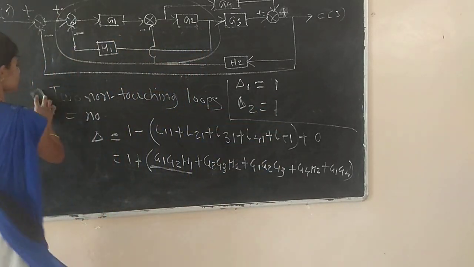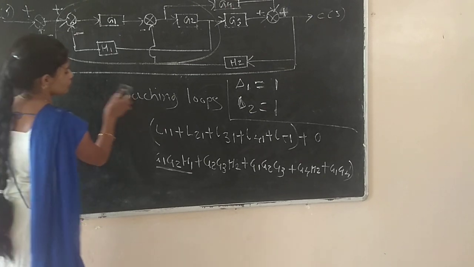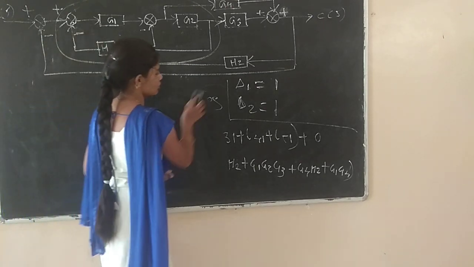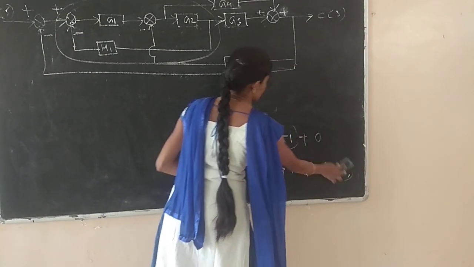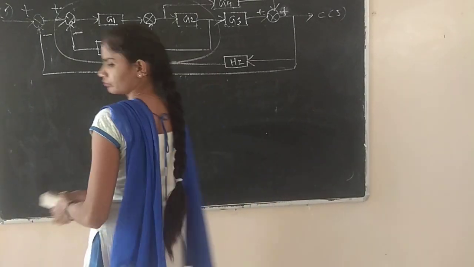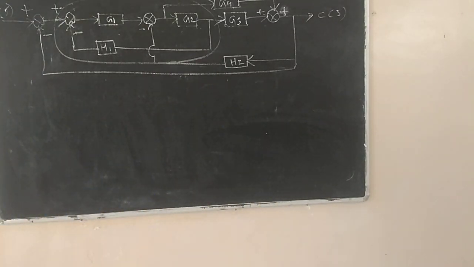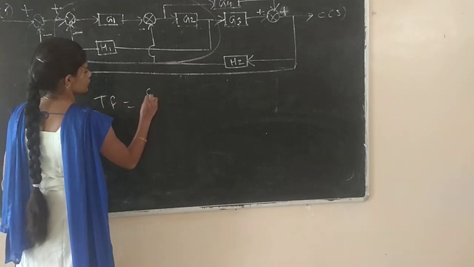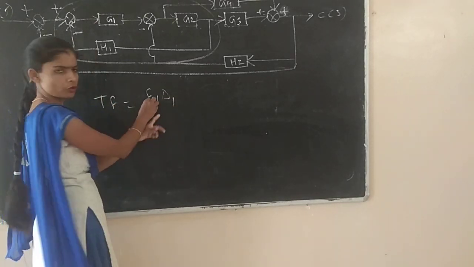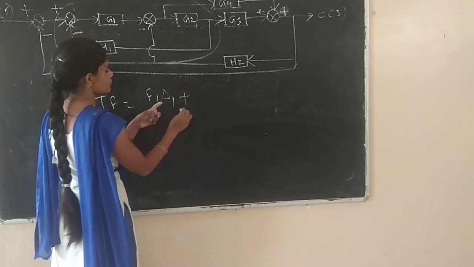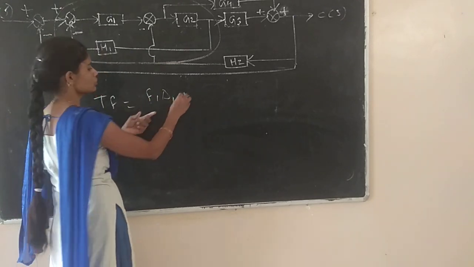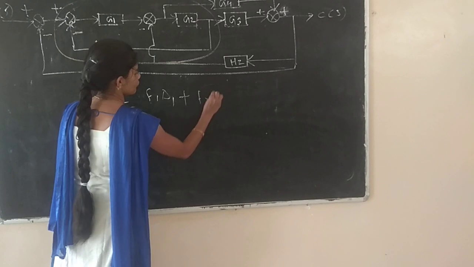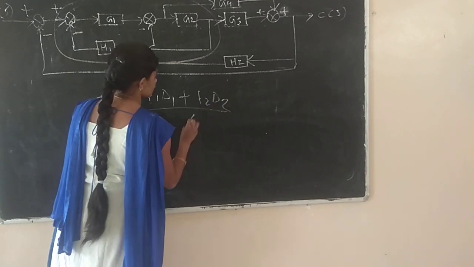Then we see next step to calculating the transfer function. The formula for transfer function is F1 del 1, means first forward path and del 1 means first forward path that touches the loop, plus F2 del 2, upon del.